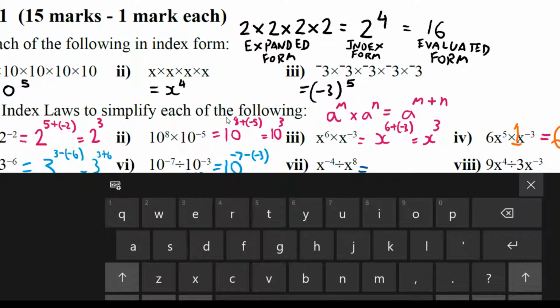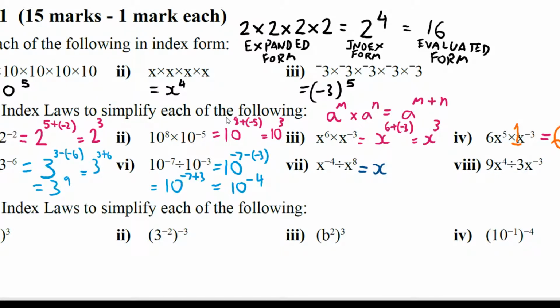Yeah, we're going to have x to the power of negative 4 take negative 8. That gives us x to the power of negative 4 plus 8, which is x to the power of negative 4 plus 8 gives 4, x to the power of 4.